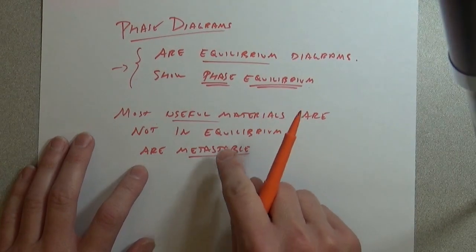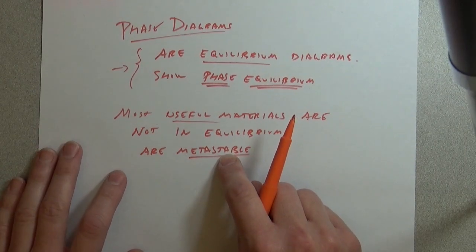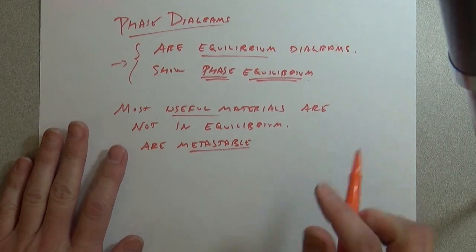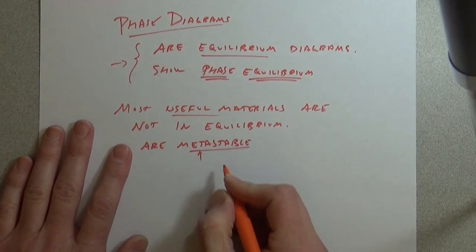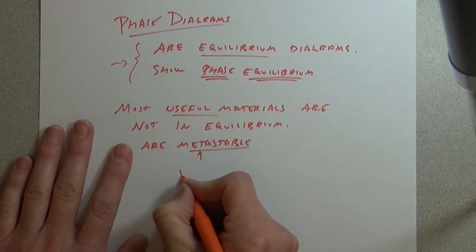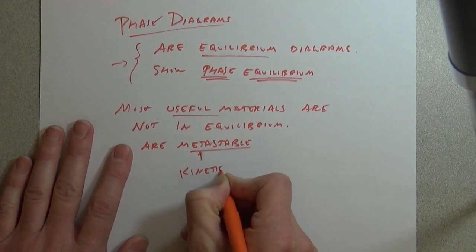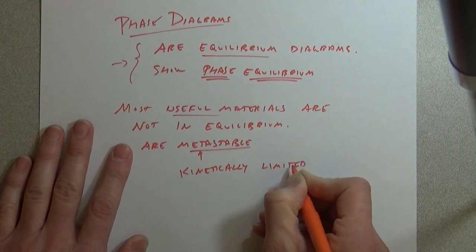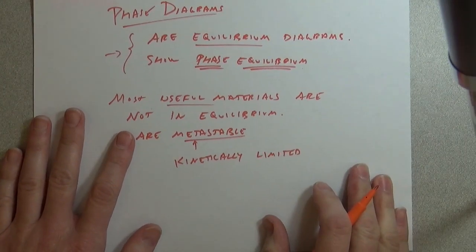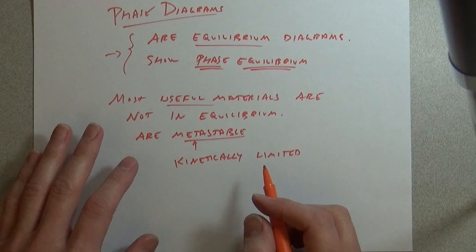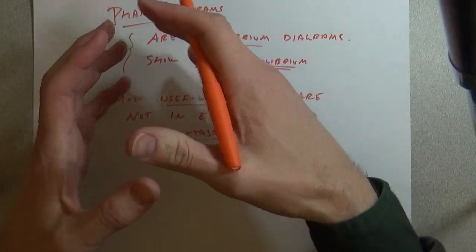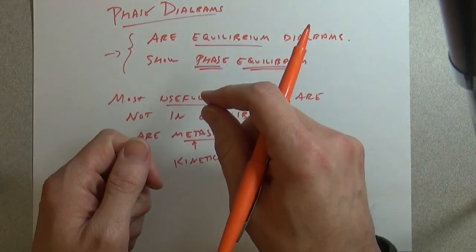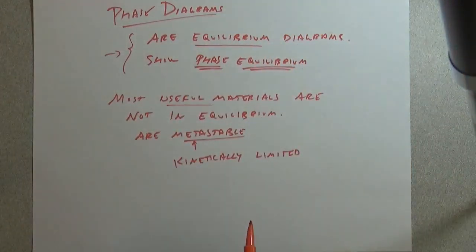And the reason it can be stuck in this metastable state, and the reason that we can use this to make engineering materials, is because it's metastable, but it is kinetically limited. Right? So basically, in order for one microstructure with a set of phases to transform into another, there has to be mass transfer where atoms move around and rearrange themselves.